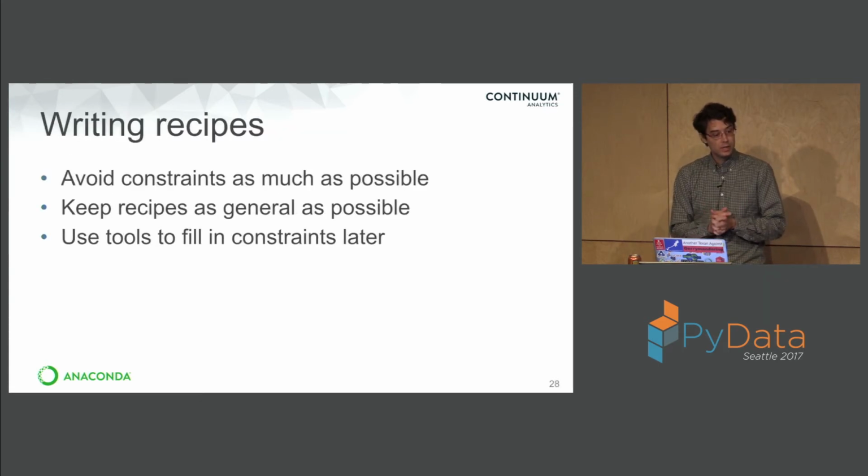When it comes to you guys writing recipes, just a tiny bit of advice. Avoid constraints as much as you can and keep your recipes as general as you can. What I see a lot of the time, especially from people coming from the pip world, is writing requirements.txt files with exact pins. Exact pins are fine as long as you're creating an environment.